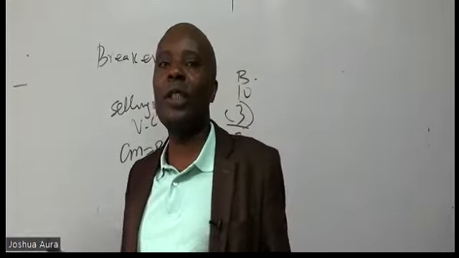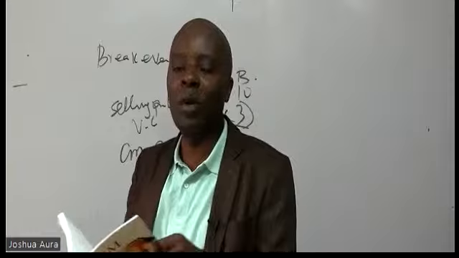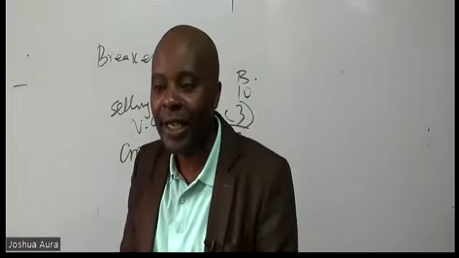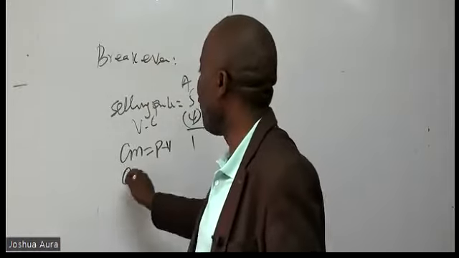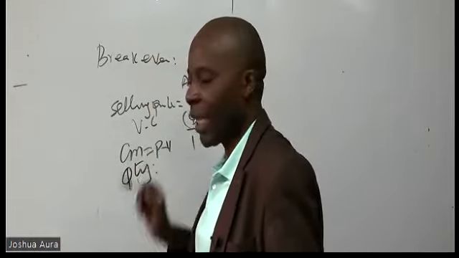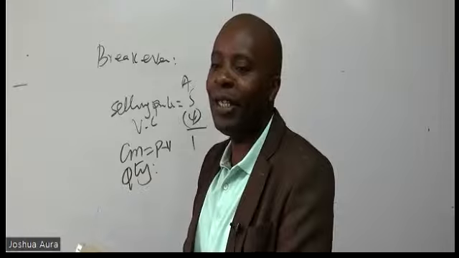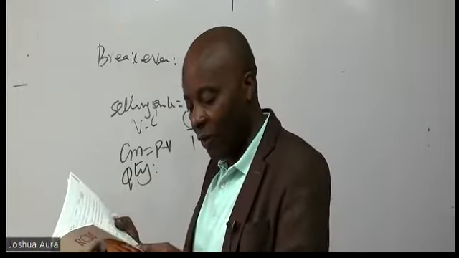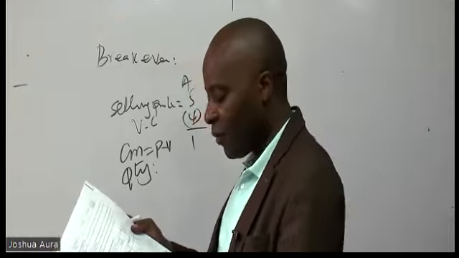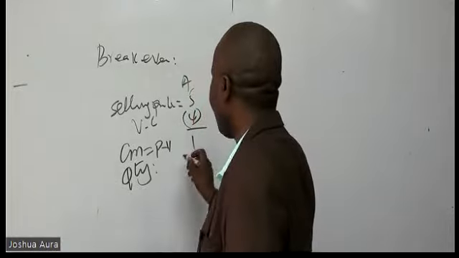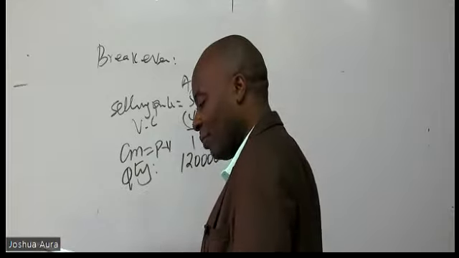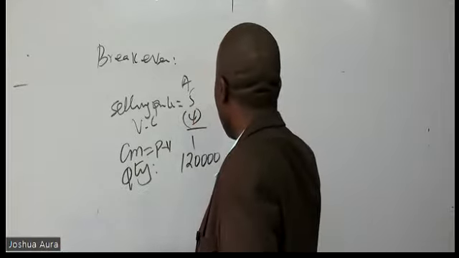Having gotten this, the next thing I will think about very fast is the sales units. I'll think about the quantity for purposes of getting the weights. Please don't use sales in Kenya shillings to get the weights. The quantity for product A is 120,000. The quantity for B is 40,000.